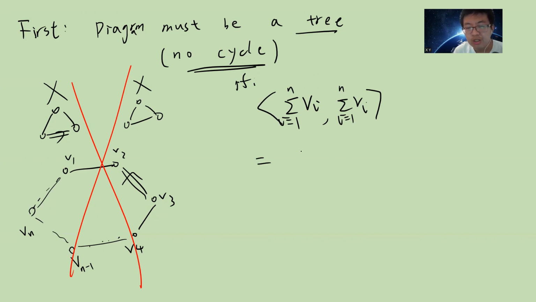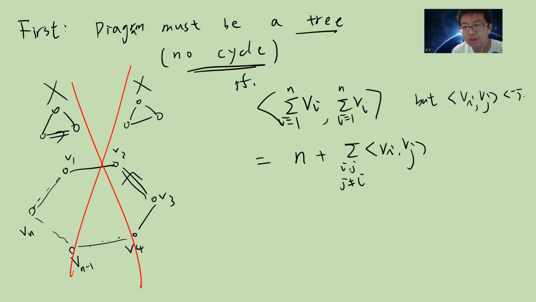The V_i are positive and normalized, right? So I should get n plus the summation over i different from j of ⟨V_i, V_j⟩. But since they are connected, ⟨V_i, V_j⟩ must be less or equal to minus half. So this is less or equal to n minus half times 2 times n minus 1.